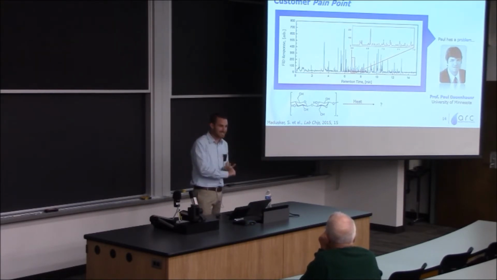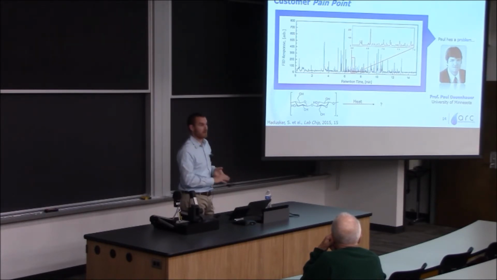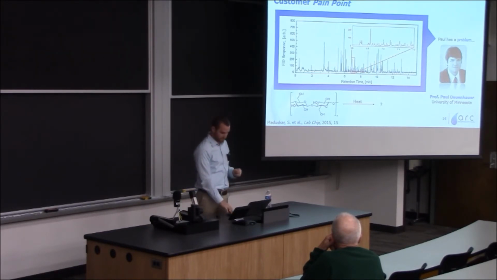They needed to know the identity of that peak, what chemical compound, what the response was in the GC-FID, and then be able to integrate that peak and separate it so that they could actually quantify it.